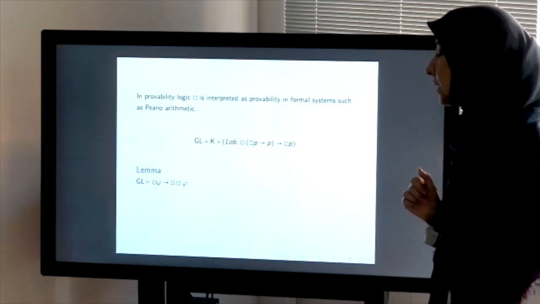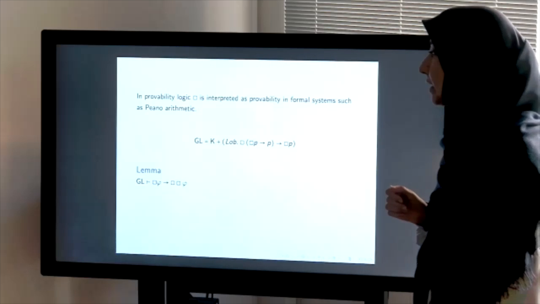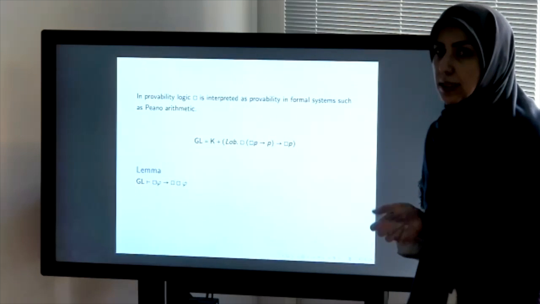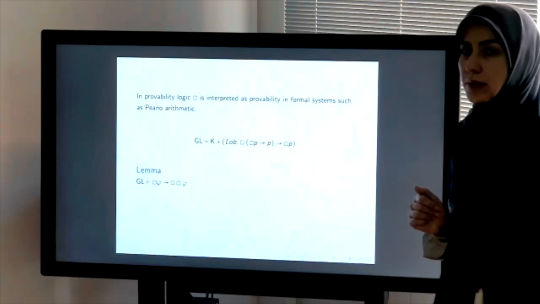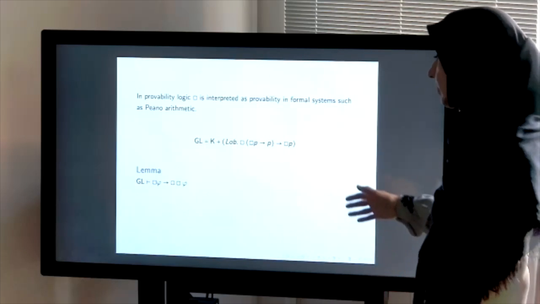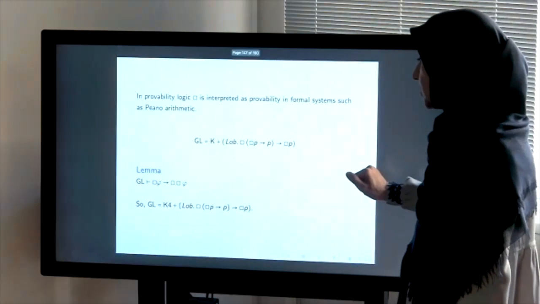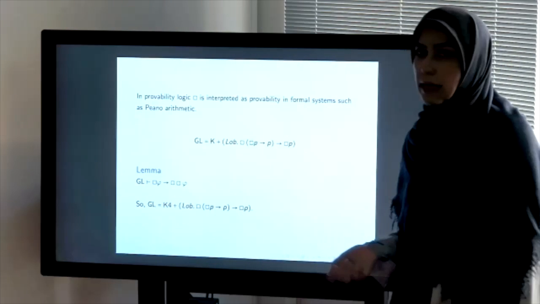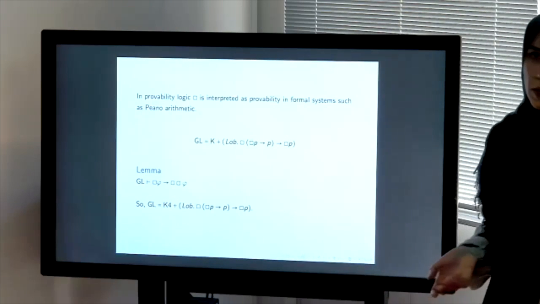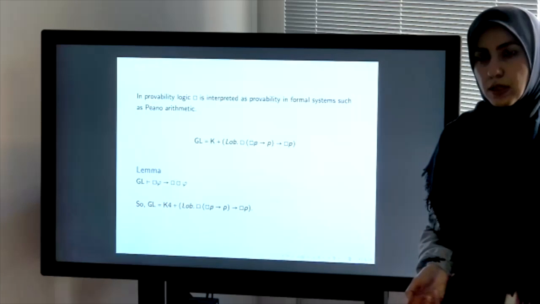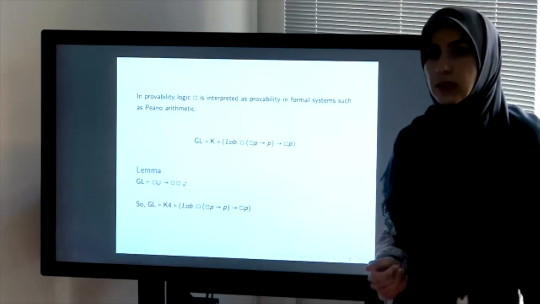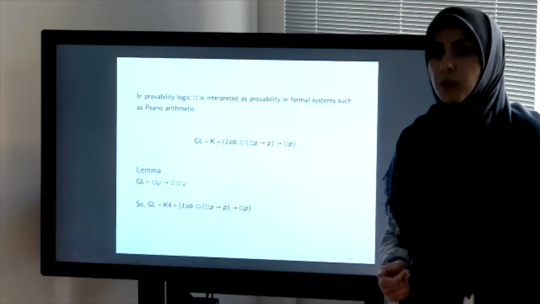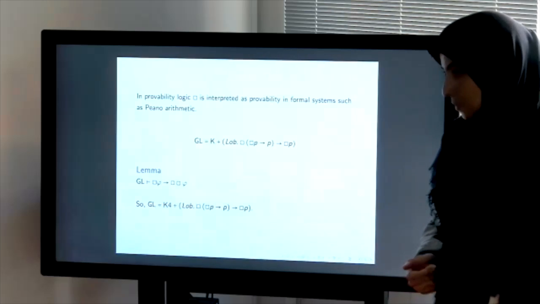Also, you can prove that in GL we have the axiom of transitivity, which says box phi implies box box phi. So we can say that GL is K plus the axiom Löb, or we can say that GL is K4 plus the axiom of Löb.